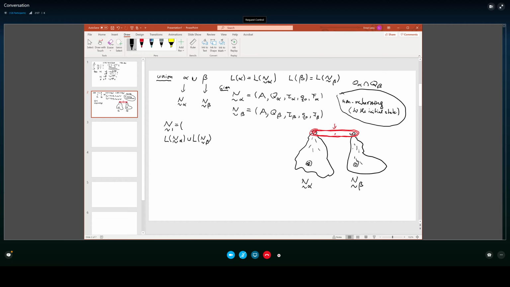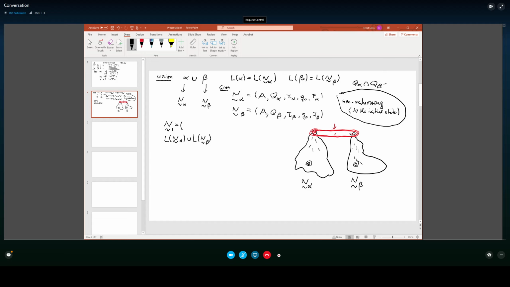Now, we would be interested in saying that the intersection is empty, but we can't do that because it is immediately contradicted by the presence of Q0 as the initial state for both of them.